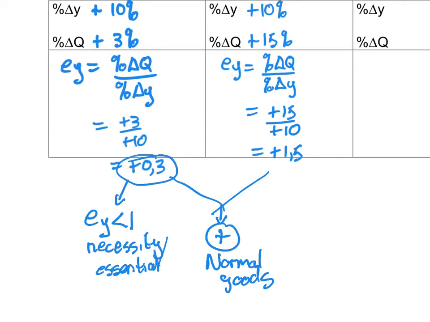In the case of hamburgers, we found that the coefficient value is positive, but the coefficient value is greater than 1, which infers that it is a luxury.